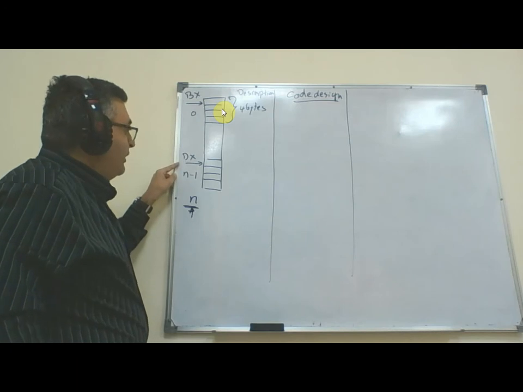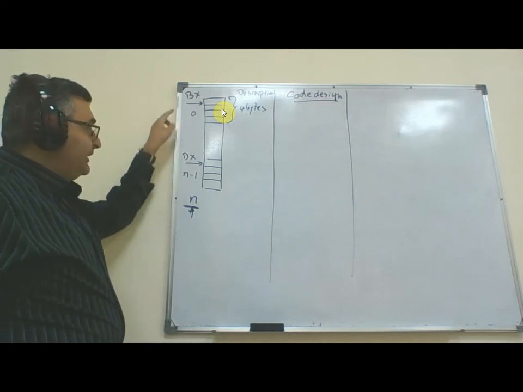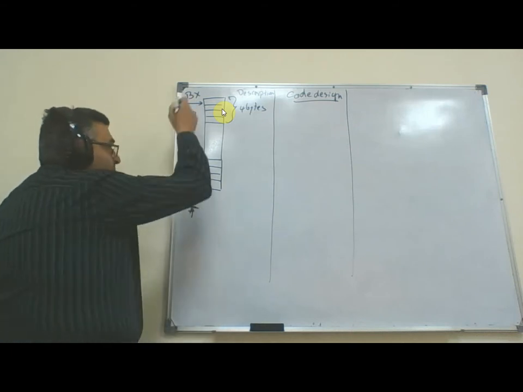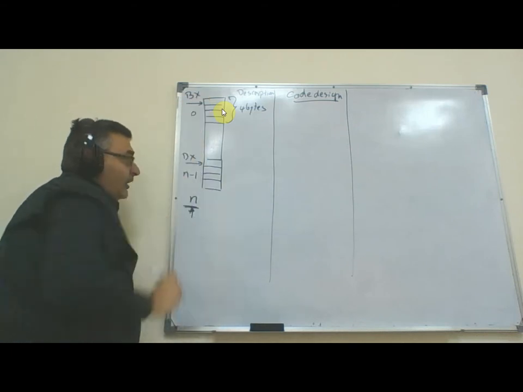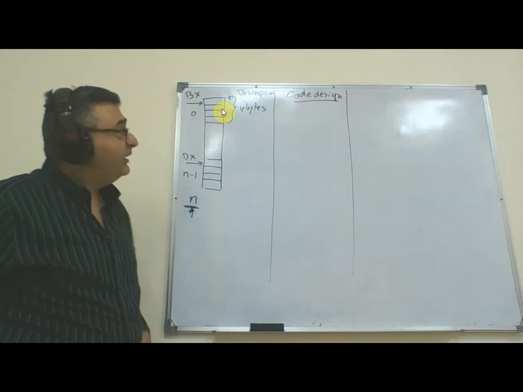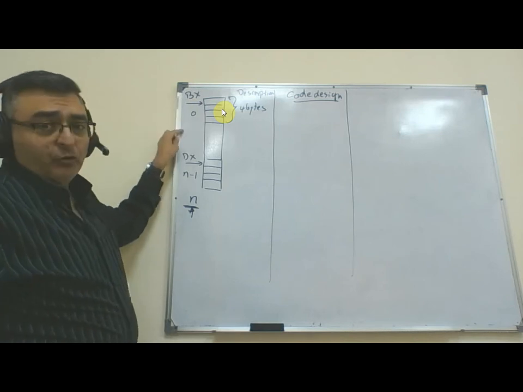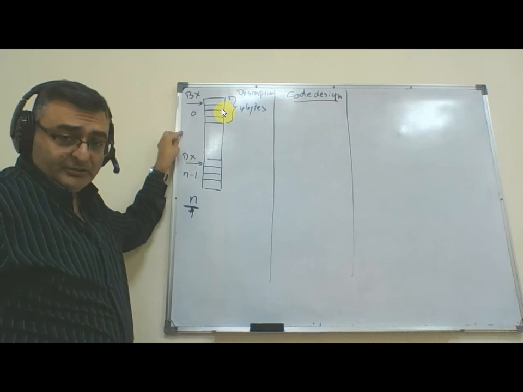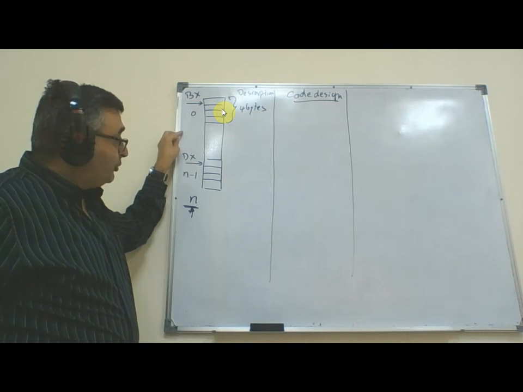Remember that in order to go from one element to the next, I have to increment Bx by 4, because each element is 4 bytes.